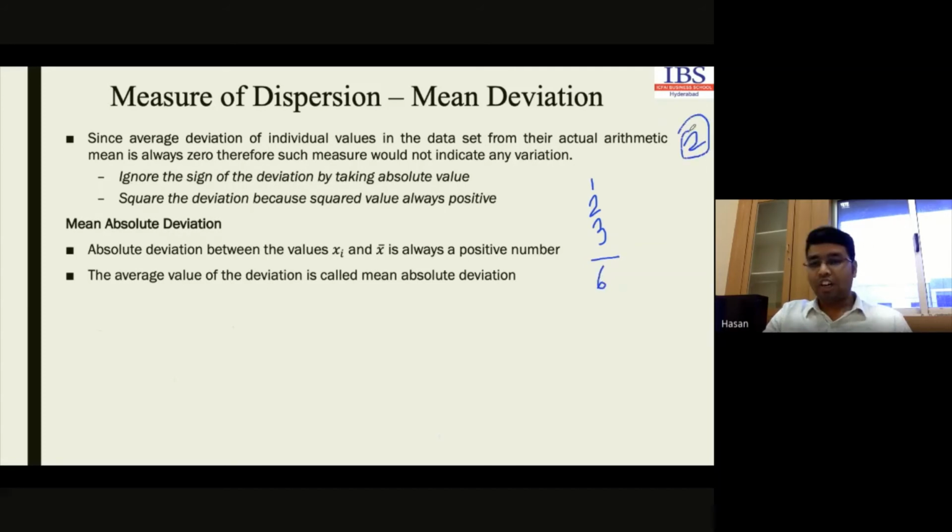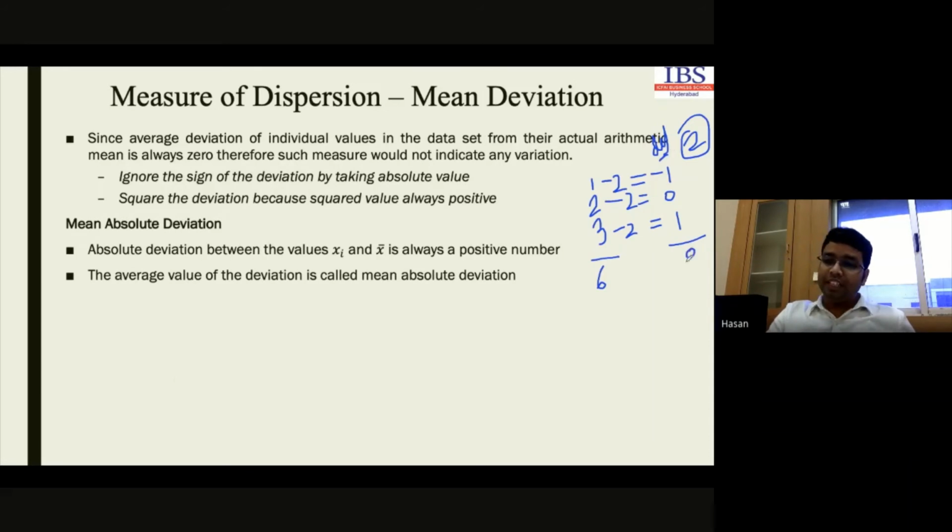If we take the deviations, 1 minus 2 will be minus 1, 2 minus 2 will be 0, and 3 minus 2 will be plus 1. If we take the sum of these deviations, the differences, it will be 0.